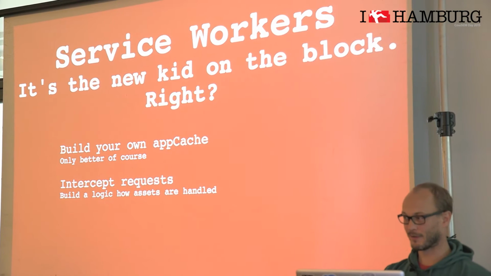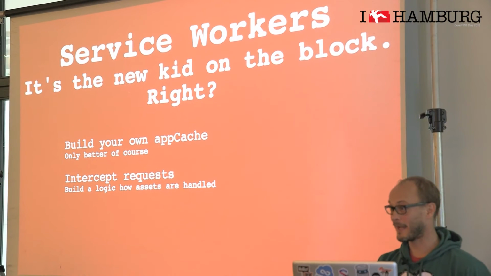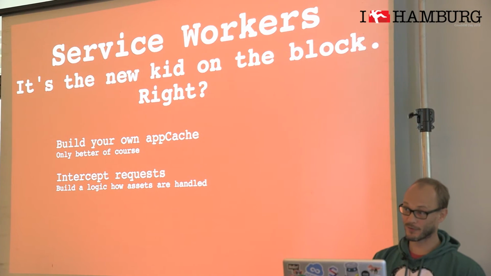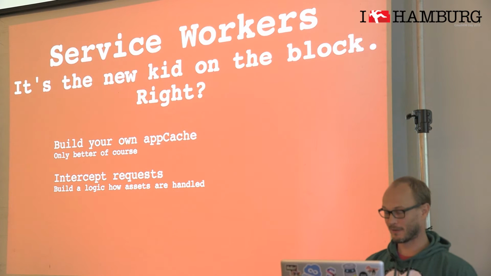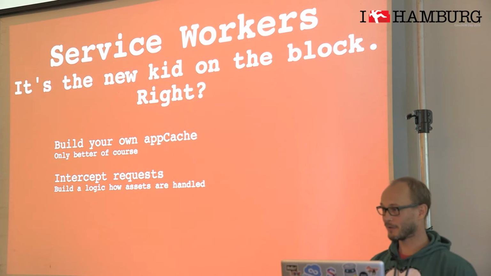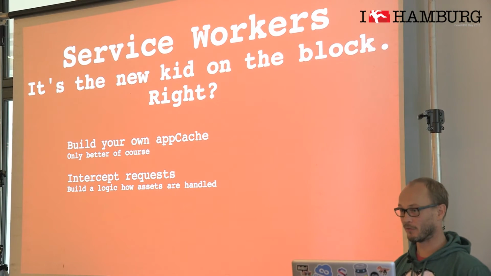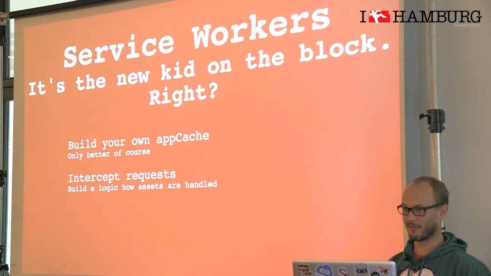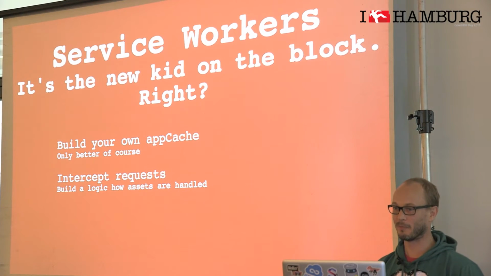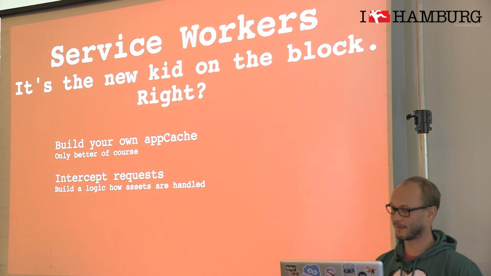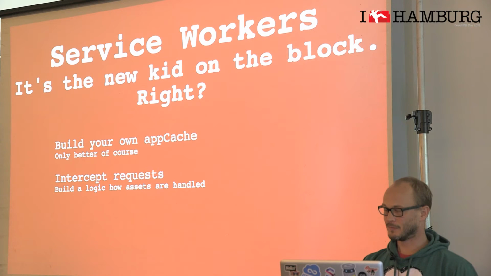Every request you make from this page, the service worker knows about it, and you can say, okay, a request with an image tag, don't let it through to the internet, just give it the image from the CouchDB maybe, or from the local storage, or wherever you store these kinds of things. Basically you can build your own app cache, but better.